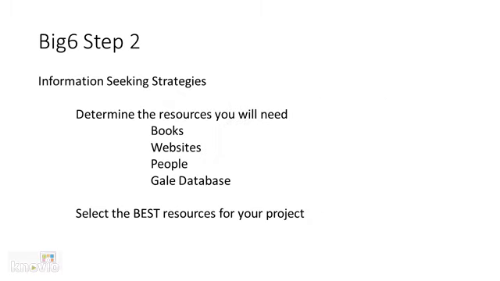In step 2, think about your topic and determine what resources might be most useful to you. This is also the stage where you're going to determine if your topic is narrow enough. For example, if you choose music, then you'll need to be more specific. Like, is it classical music, rock music, piano music?